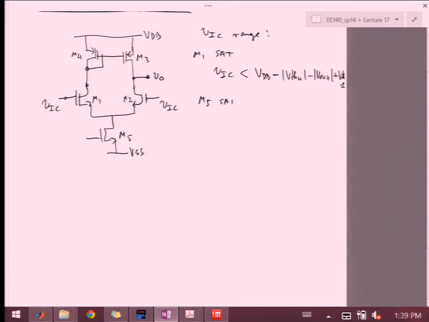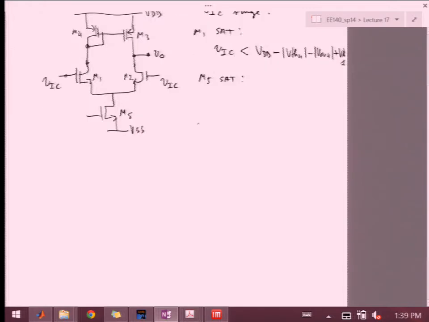So VIC has to be greater than what? VOV5. Okay, well, let's see. Let's track out the whole voltage loop. We start from VSS, so we have VSS.